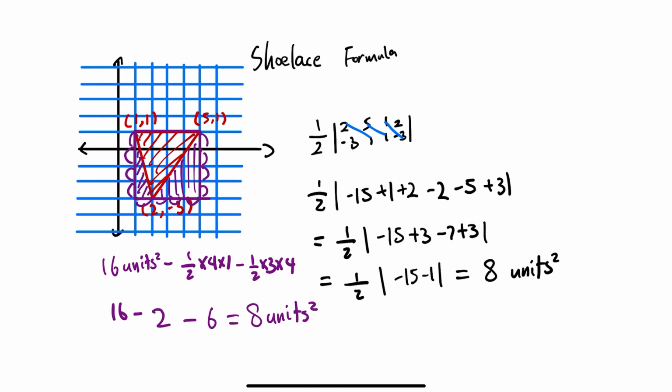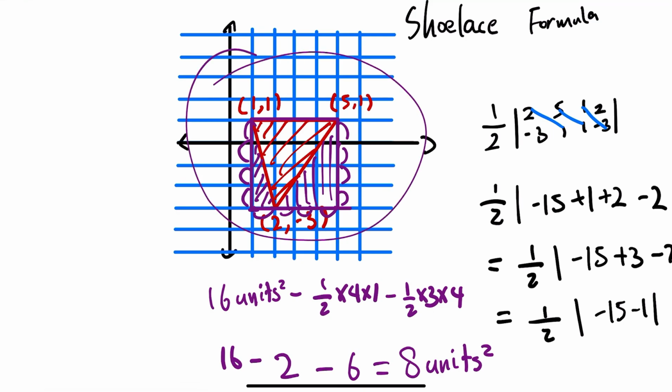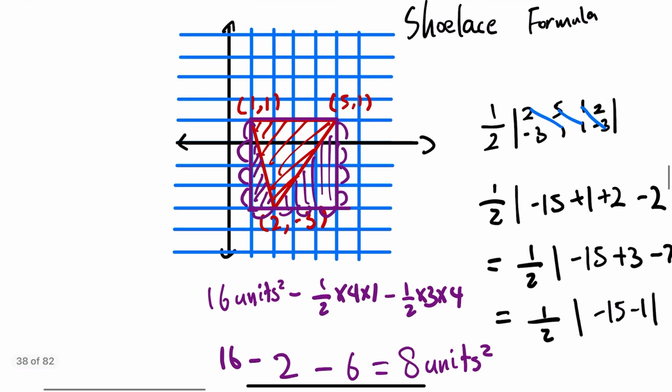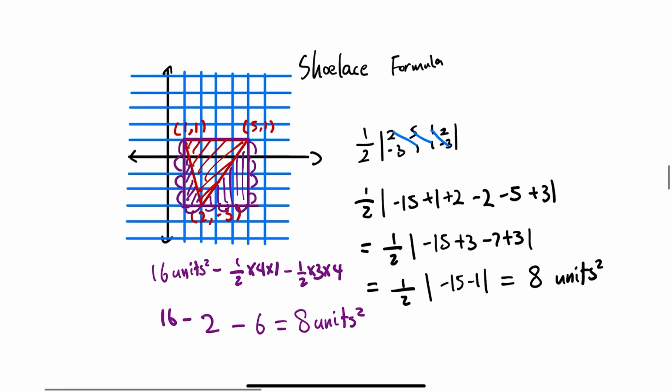Or, you might not want to find out this comma here when you don't have a graph like this. So it's really useful when you don't have a graph or when you are not able to visualize it. So, yeah, that was the shoelace formula.